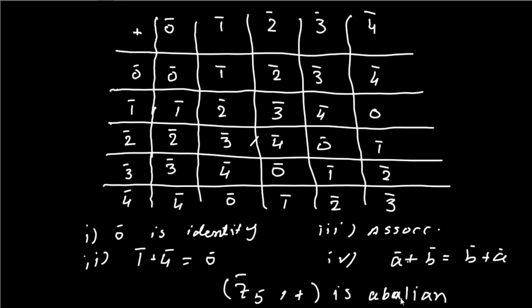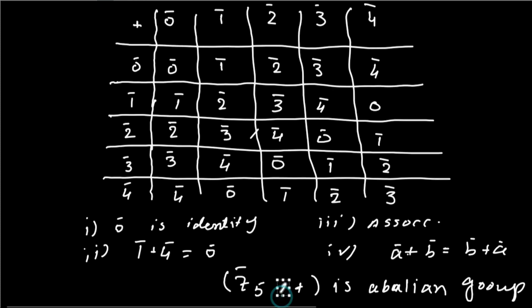So what is our next target? We have proved that Z5 is an abelian group. Now what do you want to prove? Our target is integral domain or field.